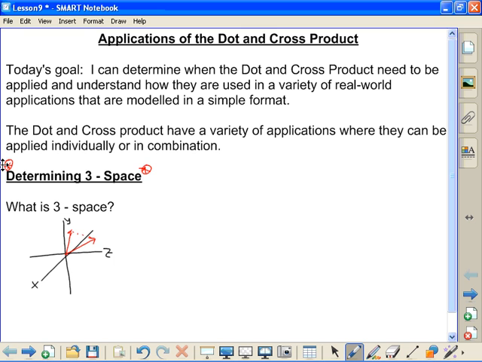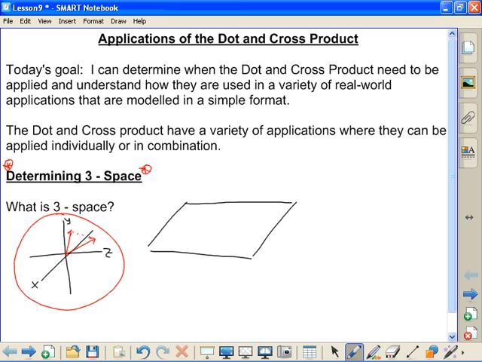So with 3-space, when we want to determine do 3 vectors represent 3-space, let's think of a piece of paper here for a second. So here's my piece of paper. If all 3 vectors are on the same plane, so U, V, and W, they're what we call coplanar. They're all on the same piece of paper.